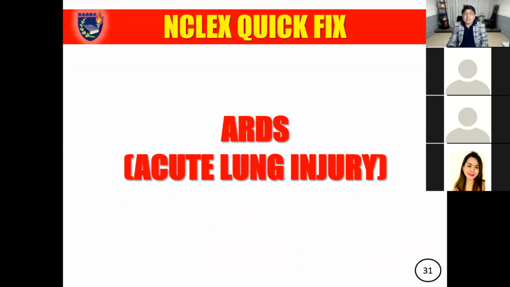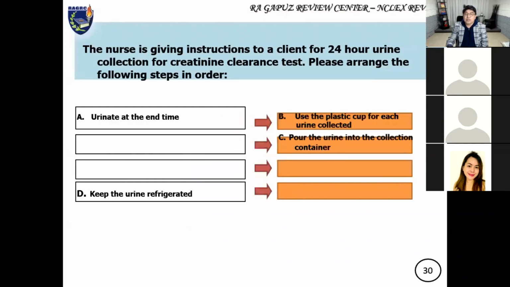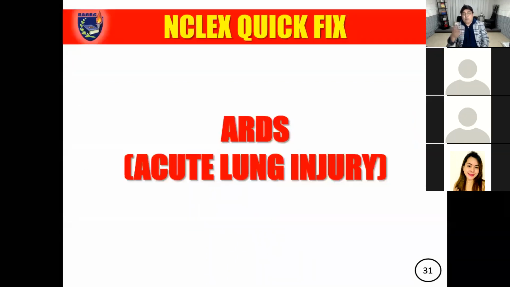Somebody asked a question, thank you for this. Before we move on to ARDS, the question is, how much fluid is usually given to a patient with acute kidney injury? The amount of fluid replacement should be based on the output of the patient. So the general formula would be fluid losses plus 500 ml per day.